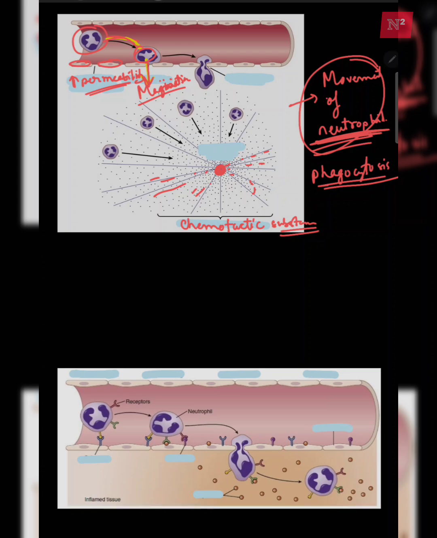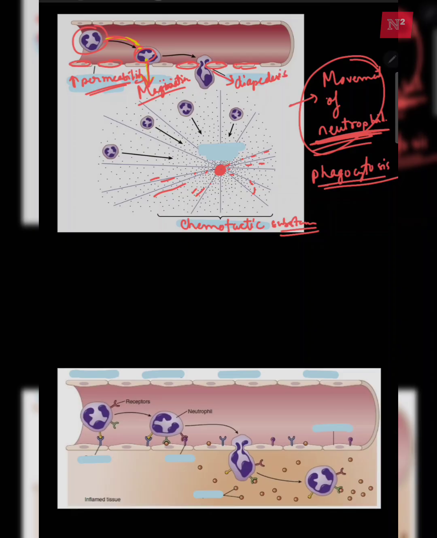Now as the cells come and marginate towards the endothelium, there are some events taking place which lead to increasing the space between the intercellular junctions. This step is called diapedesis.